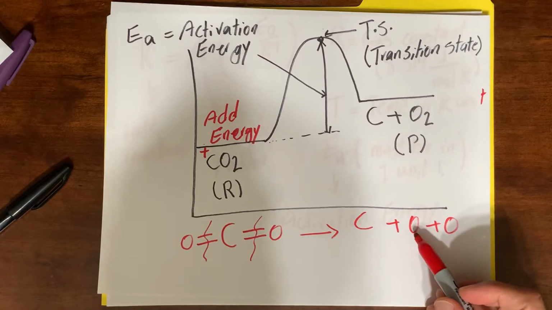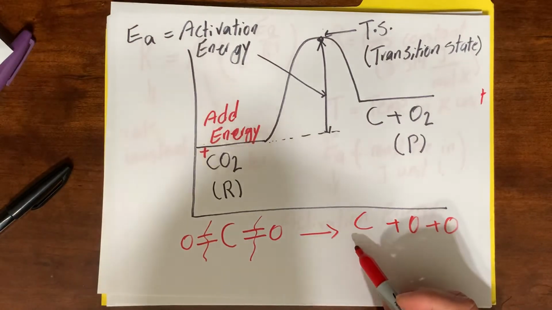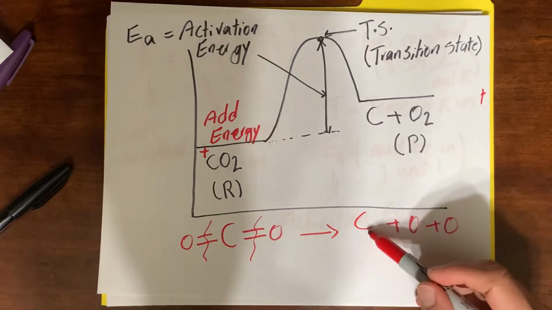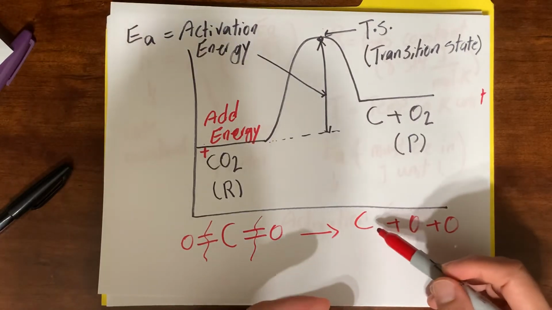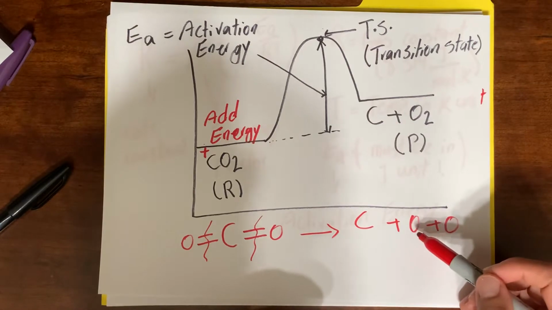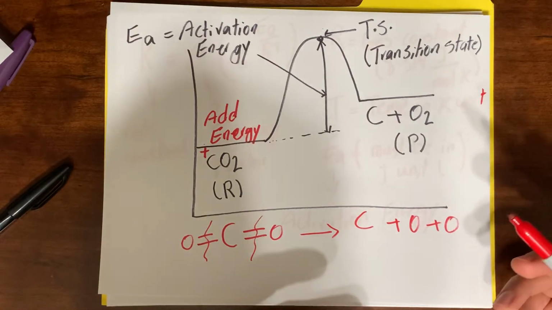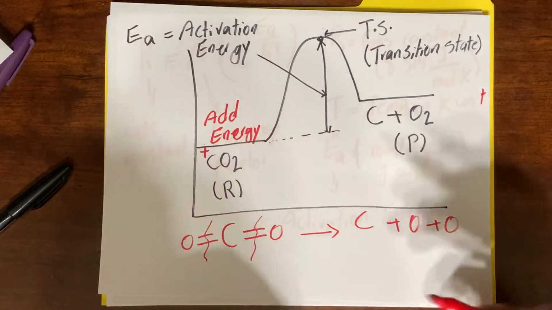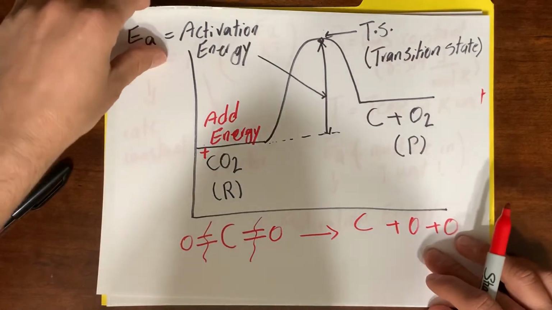If you let the oxygen collide with the carbon, you'll get CO. That's not the product I'm looking for. I want a collision between O and O to get O2. So as you see, not any collision is a good collision.